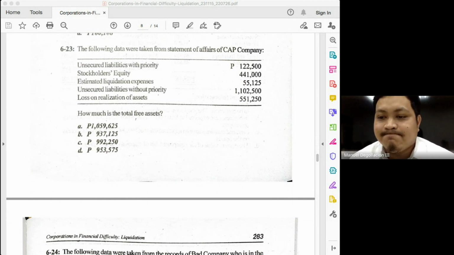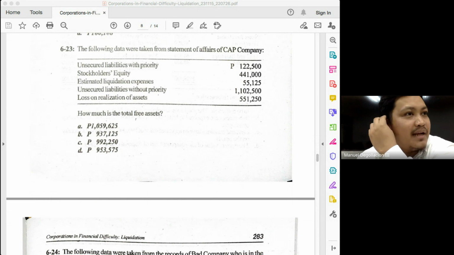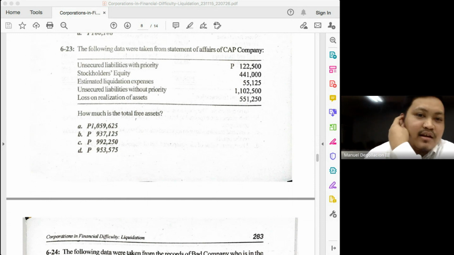Okay, so we are given our stockholders' equity, class, amounting to 441,000. And this means this is still a positive balance, class. Okay, and this is before the realization of your assets and recognition of liquidation expenses.